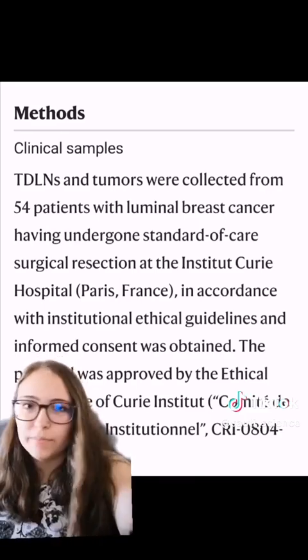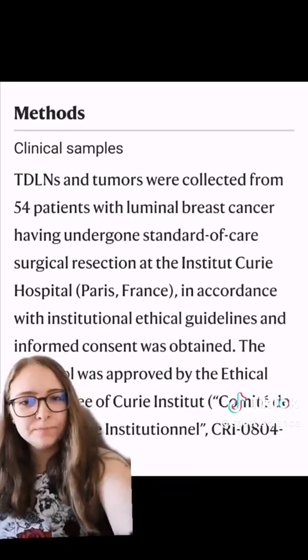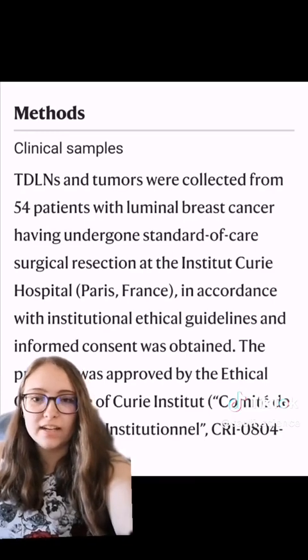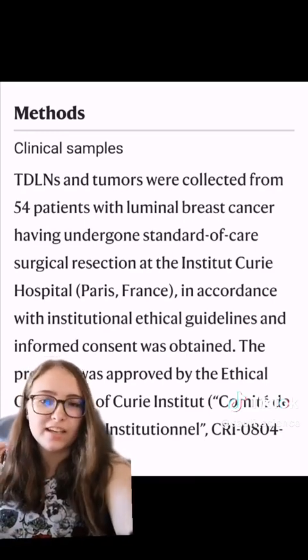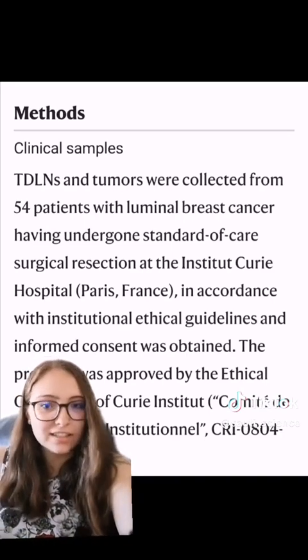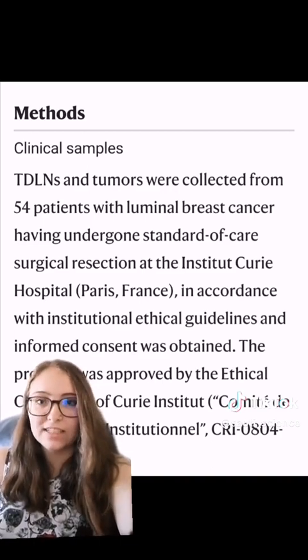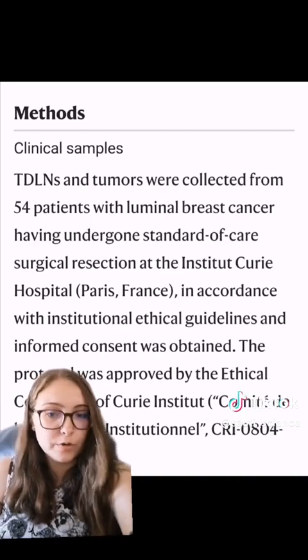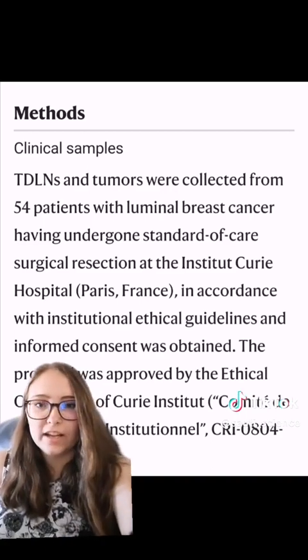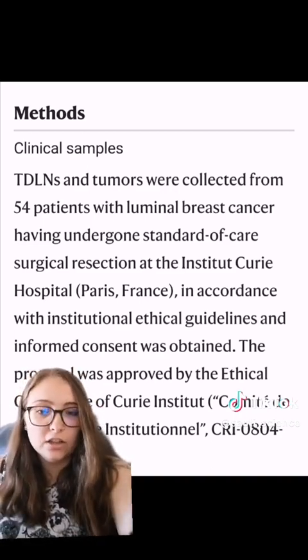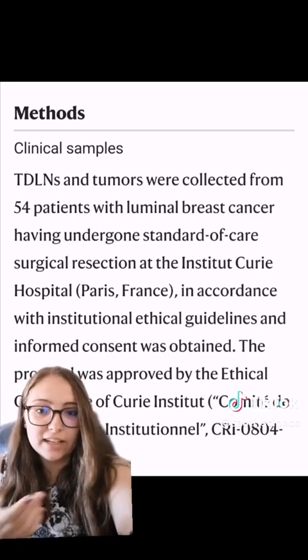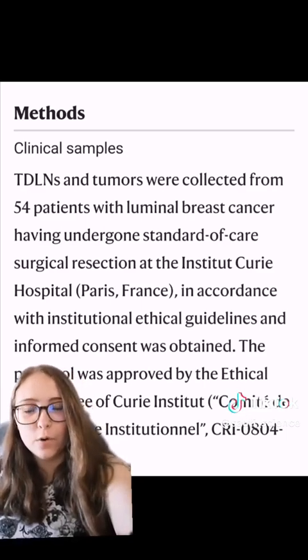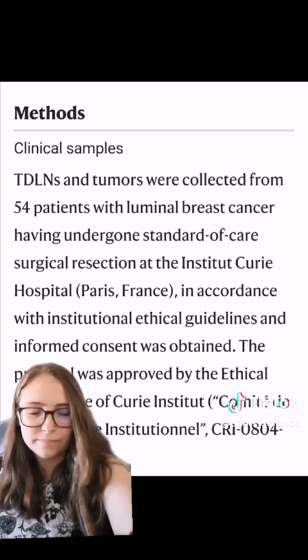When looking at the materials and methods, it's a good sign when all of the steps are outlined very clearly in the paper, so it's easily able to be replicated and hopefully the results reproduce. Generally, a larger sample size is better. This one specifically had 54 subjects.